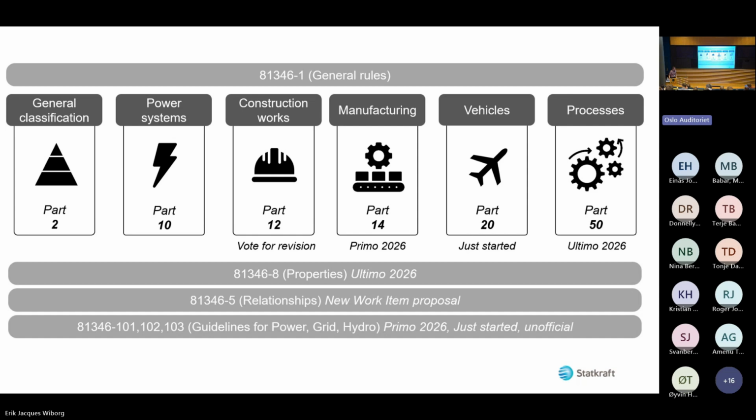The 101 is a general guideline for power. So this one concerns both power producers and grid, but the 102 is intended specifically for grid and substations and whatnot. So it's been replaced, part 11 has been replaced by the work of creating guidelines.